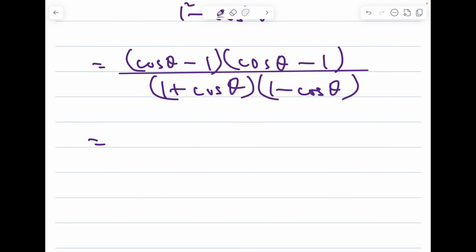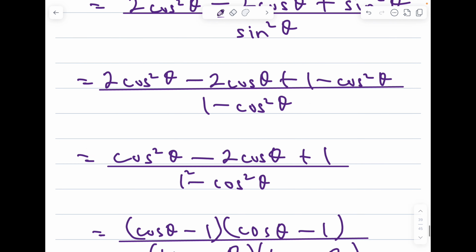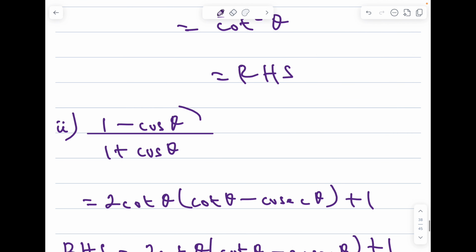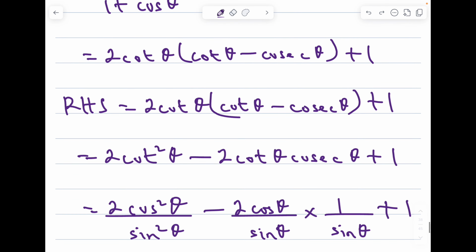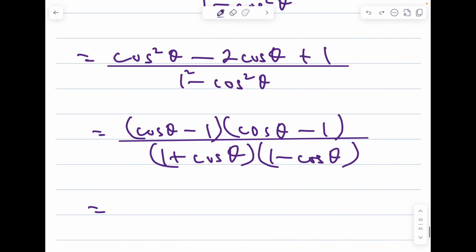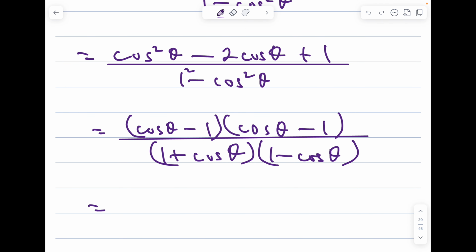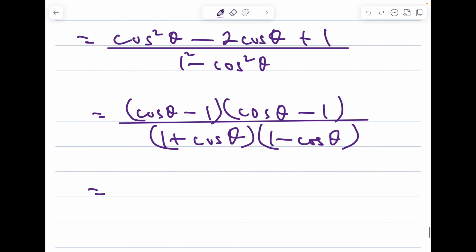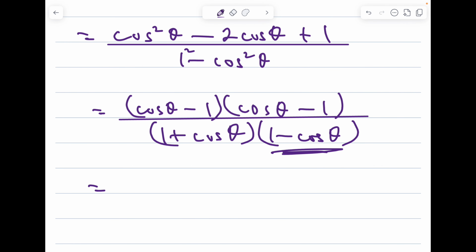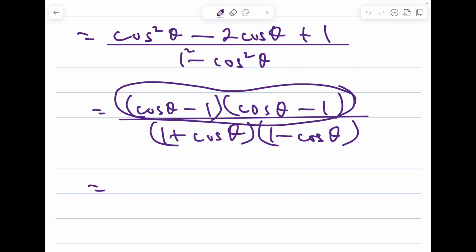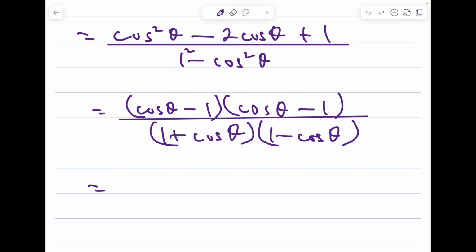Now we know that the left hand side, let's check it again. What's the left hand side? 1 minus cos theta over 1 plus cos theta. So that means the numerator has to be 1 minus cos theta and the denominator has to be 1 plus cos theta. So we have to find a way of getting rid of this 1 minus cos theta in the denominator and making the numerator 1 minus cos theta.